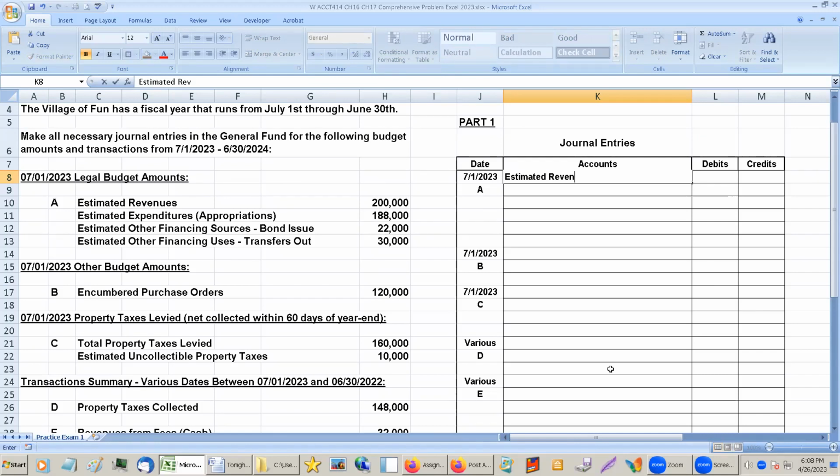I say that's wacky because these are all backwards. Revenues, we all know those are credits. Not for our budget. Our budget is like a closing entry done on the first day. So the estimated revenues, the money that we estimate is coming in, is going to be a debit.